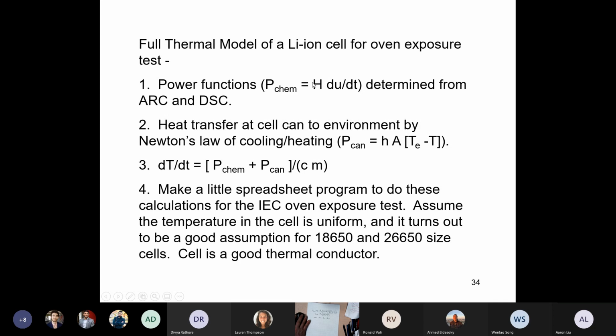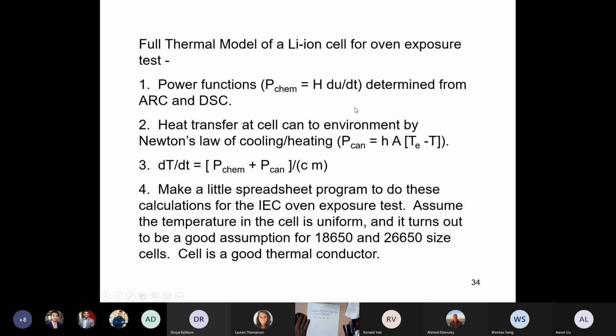You need to know the heat of reaction per unit mass, and you need to know the rate at which the reactants are being converted into products. This depends on the value of U, and it depends on the temperature. So you need those reaction kinetics determined from ARC and DSC. And you need them for the negative electrode and the positive electrode, okay?